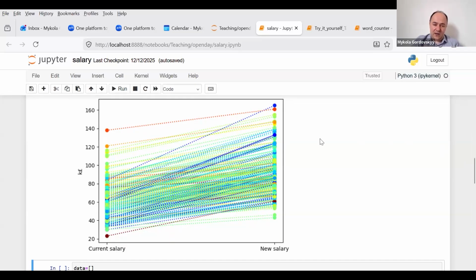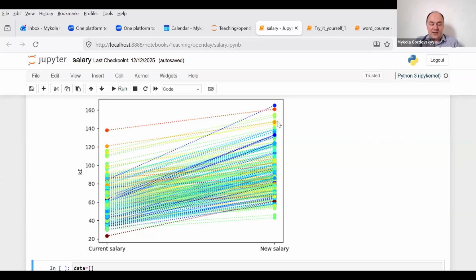What you can see here are the data points showing the current salary of the staff in those companies, and each dot here is linked to another data point here, which is their expected, or new, salary.